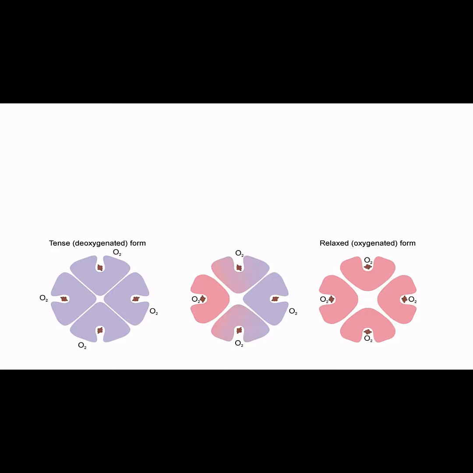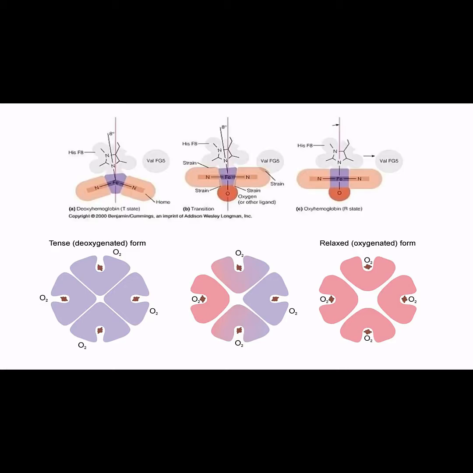Okay, so to further understand the molecular rationale behind cooperativity, we need to have a look at these diagrams and what happens when an oxygen binds. So this is haemoglobin without oxygen, which we call deoxyhaemoglobin. And when oxygen binds, this protoporphyrin ring moves into the plane of the iron.